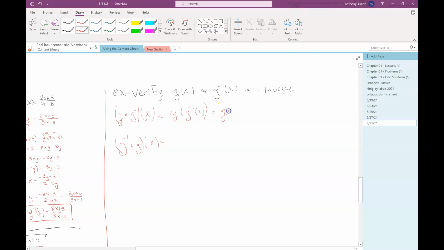So I'm going to replace g inverse with the function that we found.